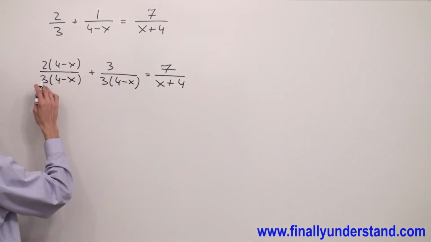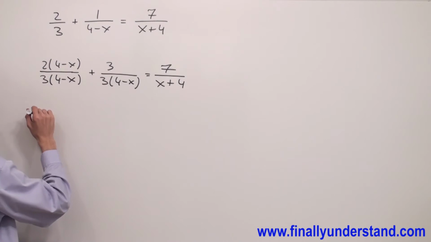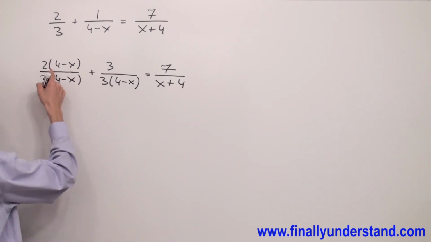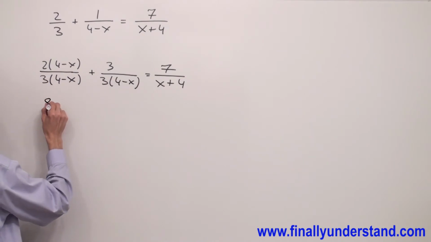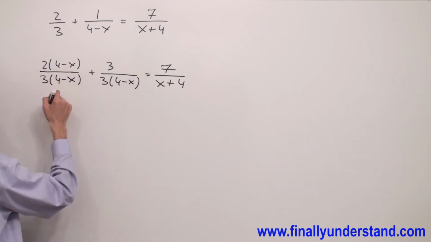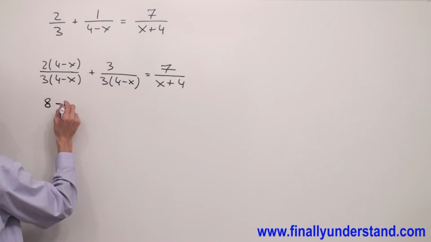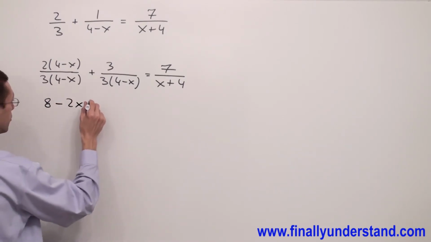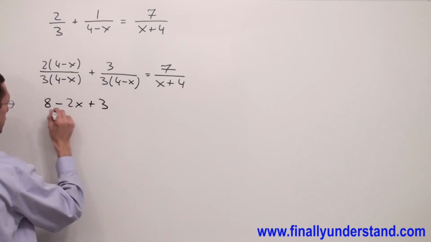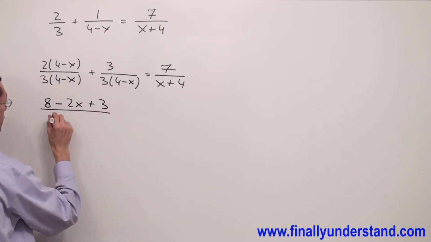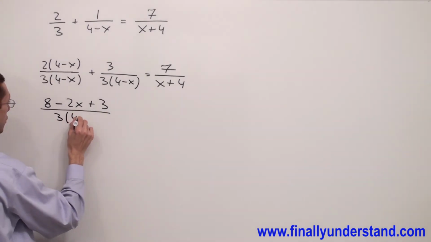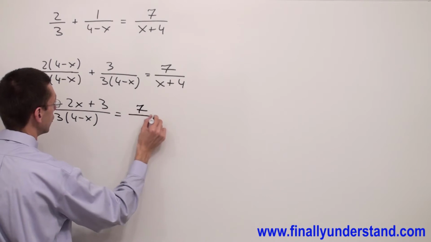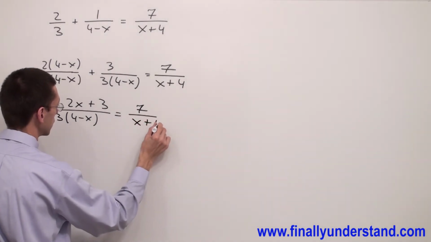Next, I'm supposed to perform the multiplication in the numerator. I have 2 times 4 is equal to 8, 2 times negative x is equal to negative 2x, and I have plus 3 over 3 times (4 minus x) equals 7 over x plus 4.